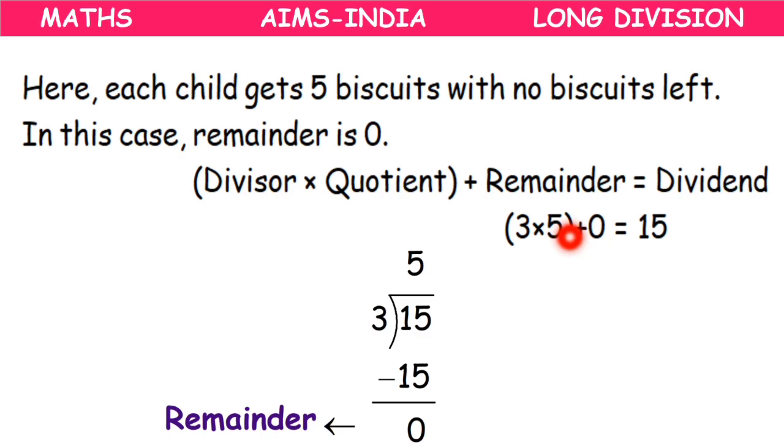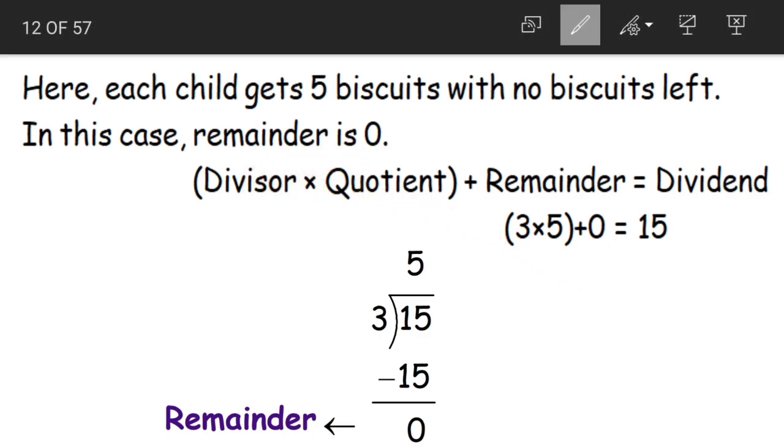Sometimes we get a biscuit packet and we cannot share it equally between you and your sibling. So one biscuit might be left over. That leftover biscuit will be our remainder here. When we cannot divide the given number exactly or completely, then we will get some other number that is remaining. That number is called remainder. In this case, the number that is remaining is 0.